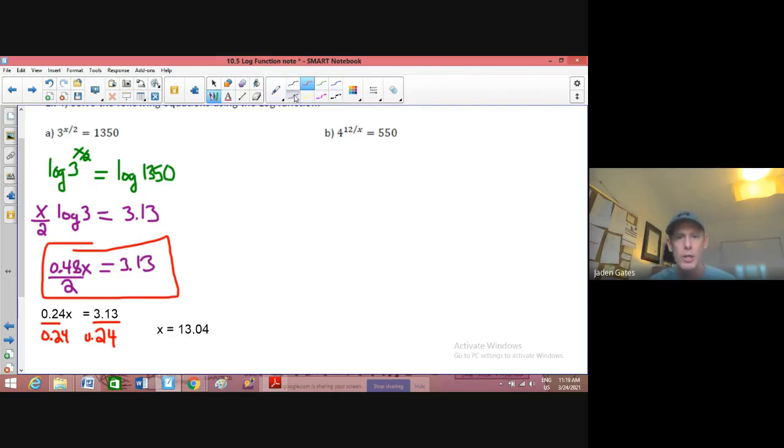All right. So first up, take the log of both sides. So there's my log. There's my base right there. My exponent is 12 divided by x equals, and again, I'm taking the log of both sides here. So I have the log of 550. All right, so again, when I apply my log rule here, I'm going to bring the exponent down. 12's on the top, x is on the bottom.